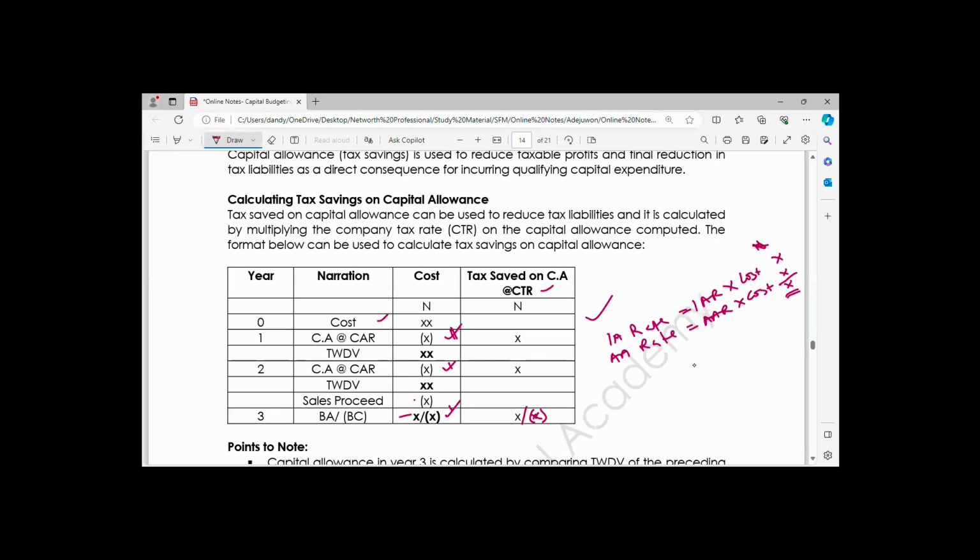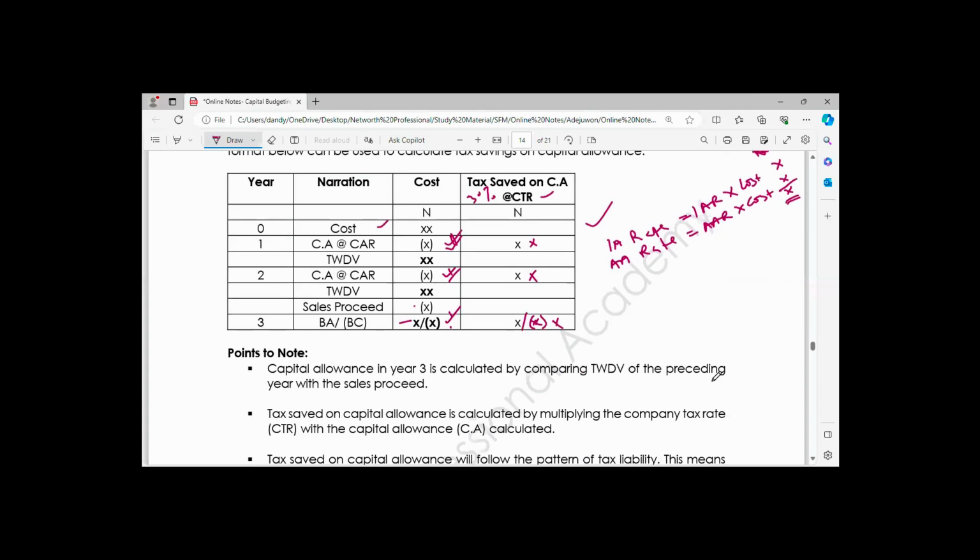Therefore, let's say, for example, the tax rate is 30%. I would then say 30% of the capital allowance I have in year one, I will come and post. 30% of capital allowance I have in year two, I will post. 30% of capital allowance in year three, I will post. Either positive or negative, whatever it is, I will post it there. So that means I've calculated my tax saved on capital allowance.